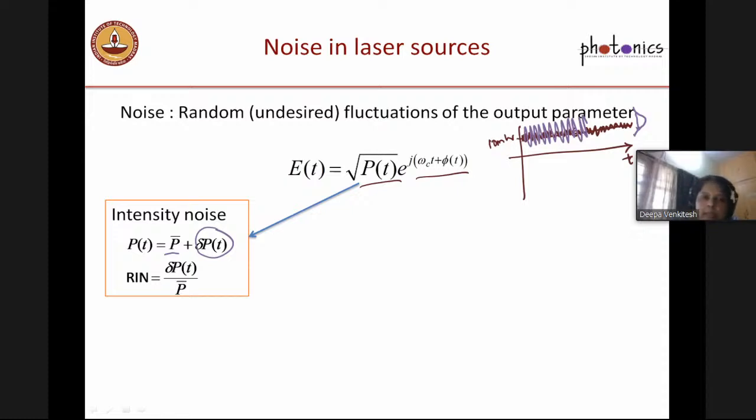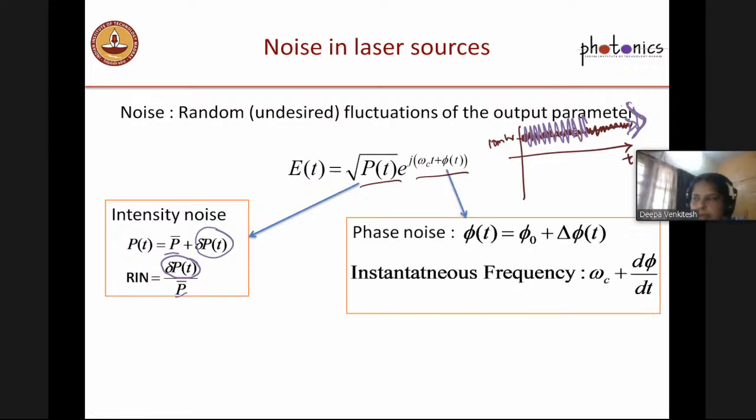That gives you this delta P(t). Okay, and obviously for the brown laser, the histogram is going to be a little more narrow, so the noise is going to be narrow. So relative intensity noise is the ratio of this standard deviation of these fluctuations divided by the average value. That's a very simple definition, right? If the RIN is large, it means that the power is fluctuating much more, and if the RIN is small, it is fluctuating less.